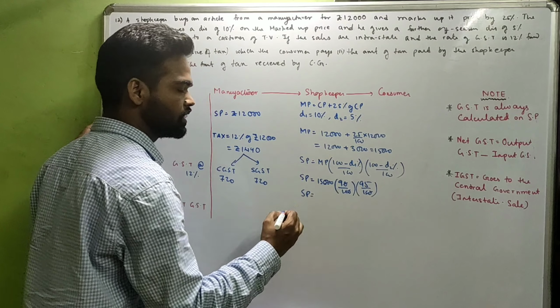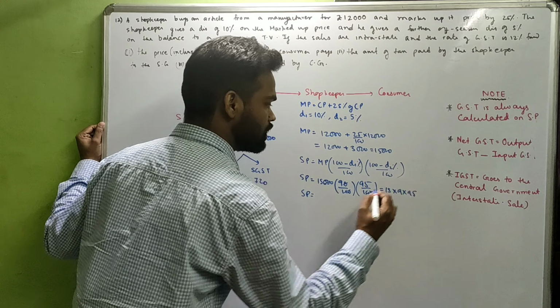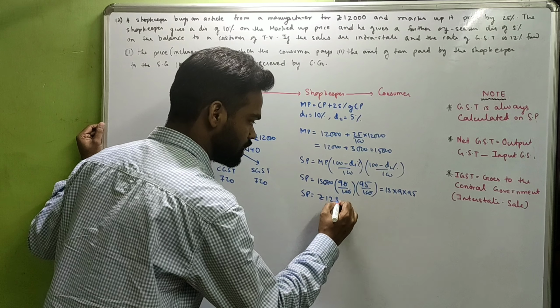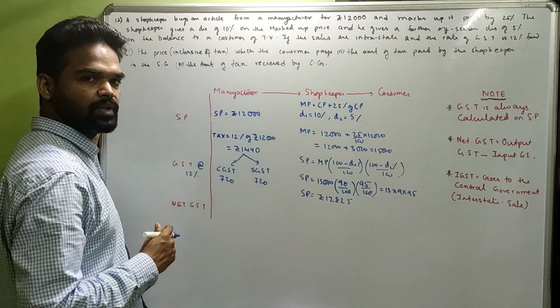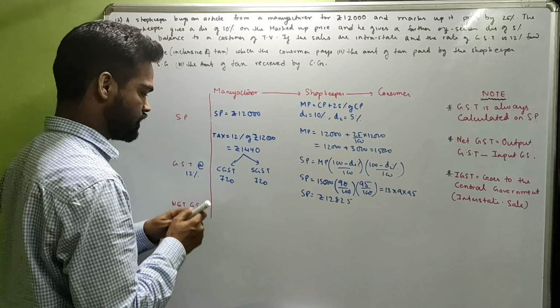So your SP is 15 multiplied by 9 multiplied by 95, which is 12825. Done. We got the SP. Now we'll get GST. GST is calculated on SP only.